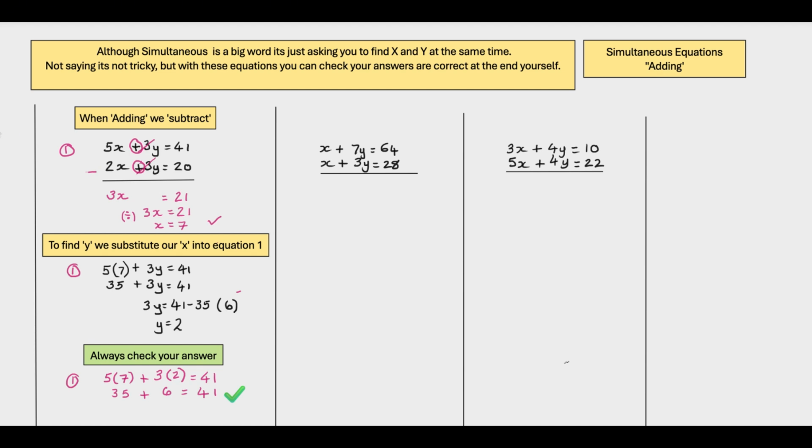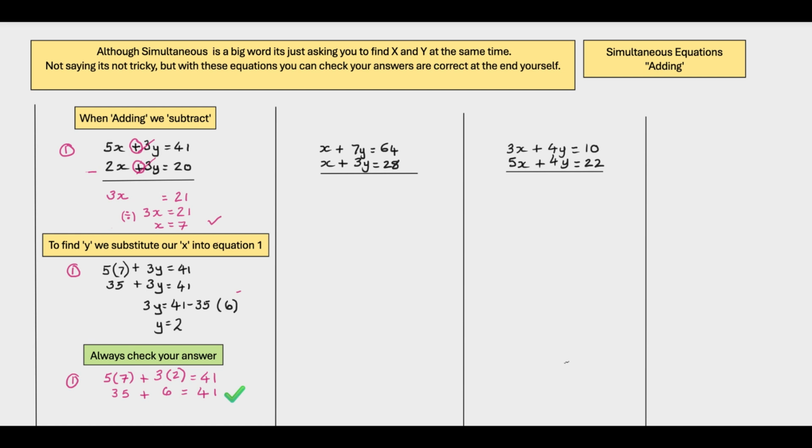So we're going to put it into number 1. So 5 times 7, because that's our x, plus 3y equals 41. So that's 35 plus 3y equals 41.